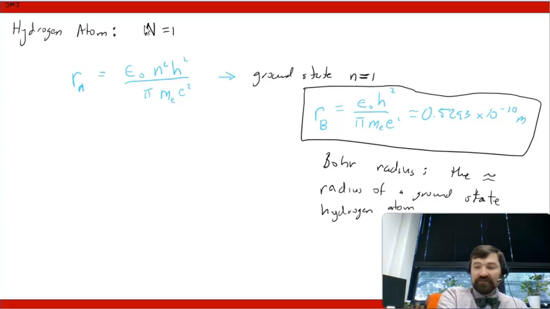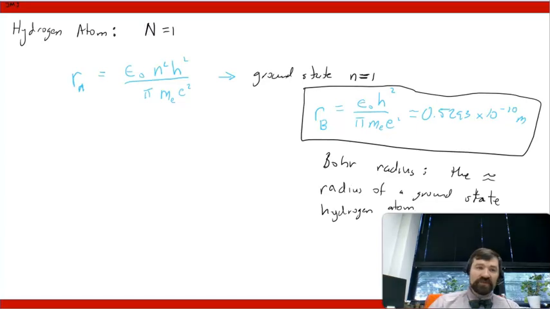And again, a lot of sources will just label this as R_A, sometimes R_1. I'm labeling it R_B for Bohr, since I already used R_A for atomic. One thing to note here is that this is roughly 0.5 times 10 to the negative 10.